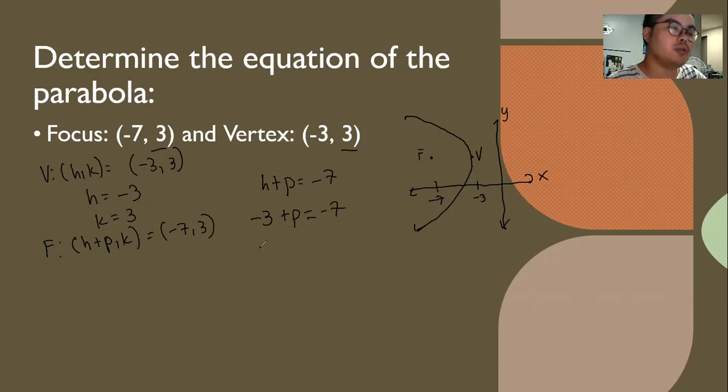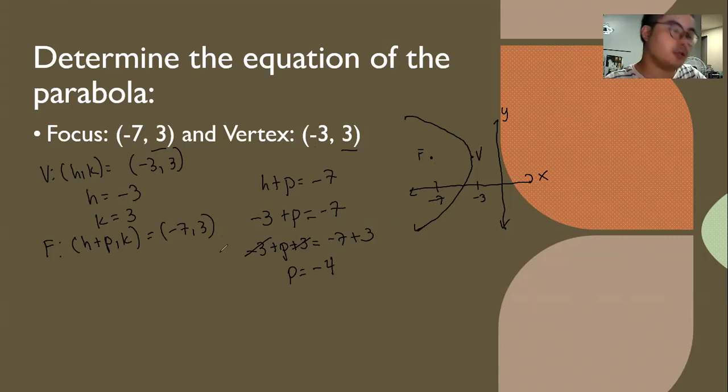So we're going to solve for p by adding 3 to both sides, so p is by itself. So negative 7 plus 3 will become negative 4. So since our p is negative 4, it means our parabola opens in the negative direction. Okay, so 4 units.